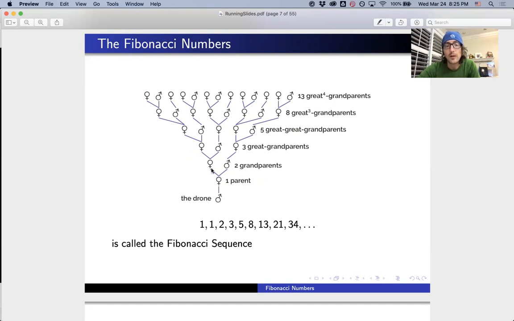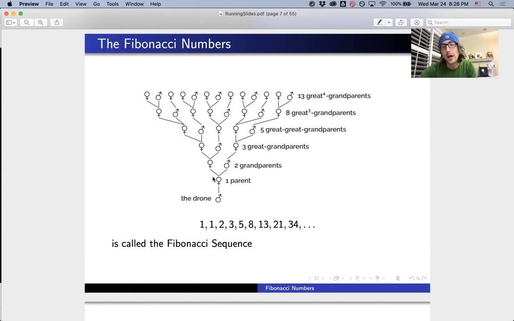Then we go up, and her mother would have two parents, but her father would only have one parent, his mother. As we keep tracing back through this, you can see how it branches off. Every time you have a male, it's going to have only one parent. Every female is going to have two parents.